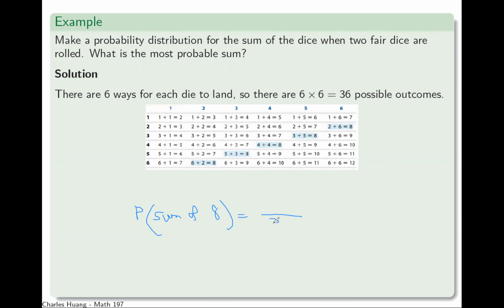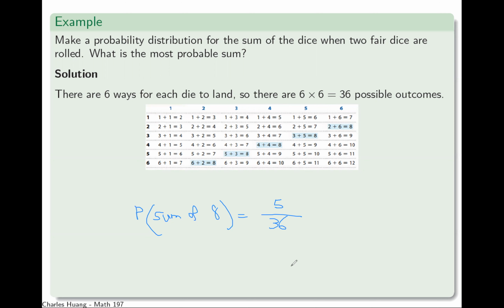So we have 36 in the denominator, that's the total possible outcomes. And over here, we have 5 different outcomes that are highlighted to have a sum of 8. So in this case, the probability to get a sum of 8 is 5/36.